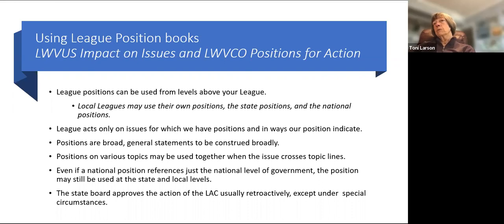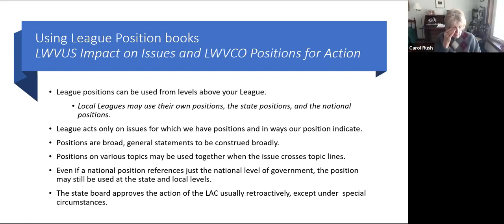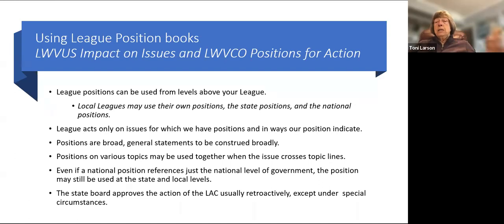So for example, if you're using a position on air quality, and you also want to include the fact that the air quality in a particular part of Denver is not very good, and you want to say what the impact is on the people in that area, the income levels perhaps, but mostly maybe the health level of those people, you can use both the income positions or the effect of poverty positions and the air quality positions.